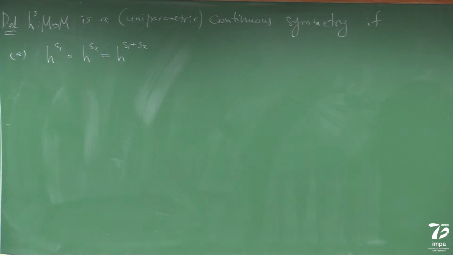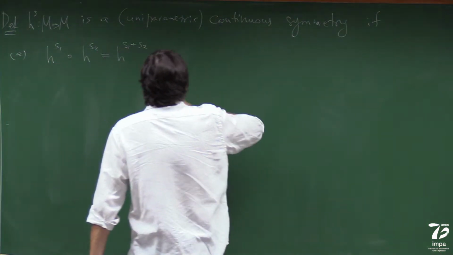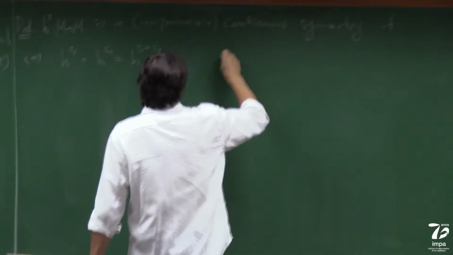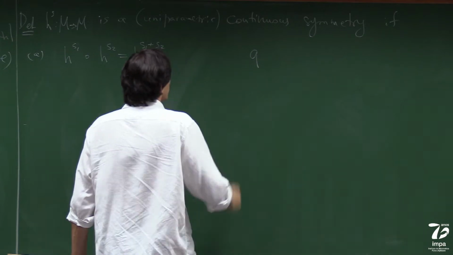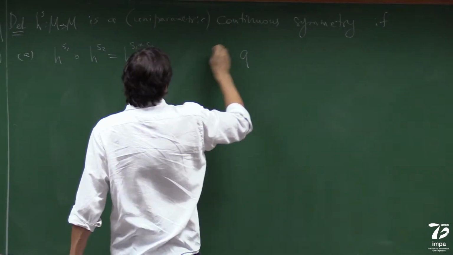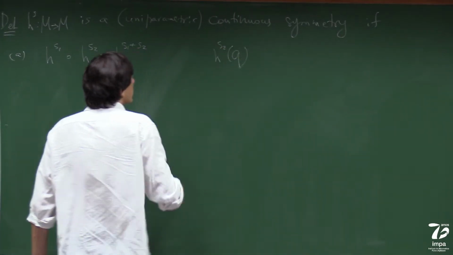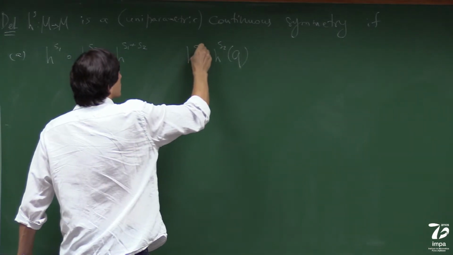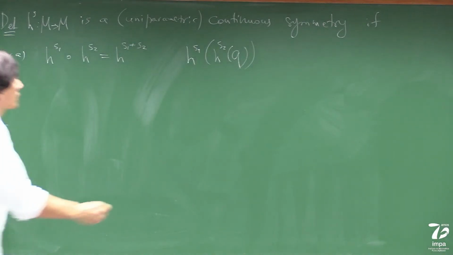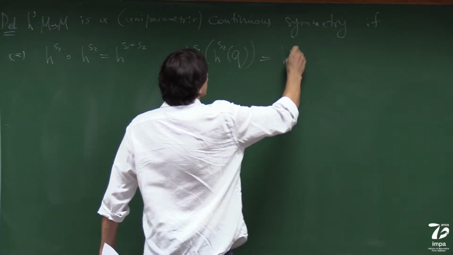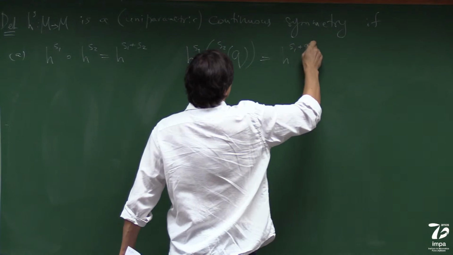So this is an additive relation. What it means is that if you first change coordinates with h_s2, and then change coordinates with s1, it's the same as changing coordinates with a function with another index.